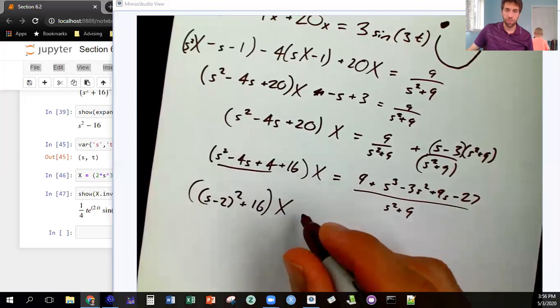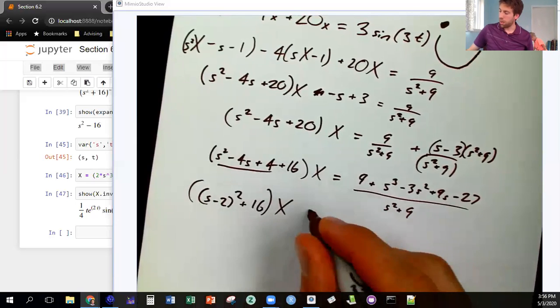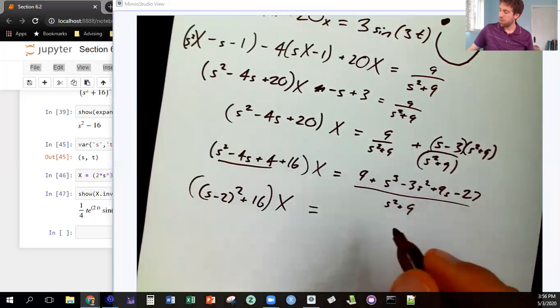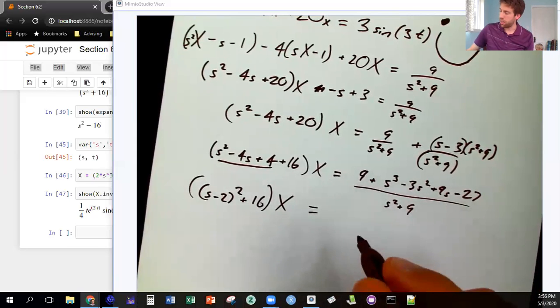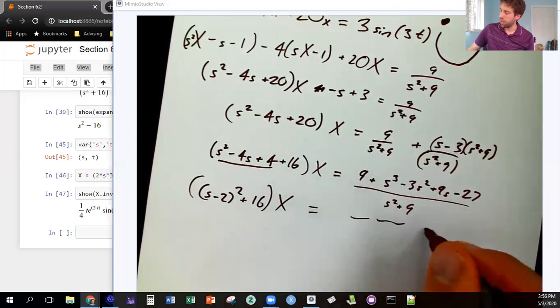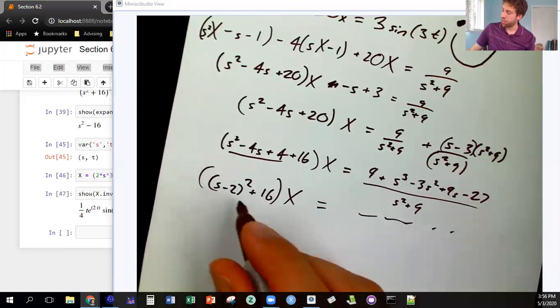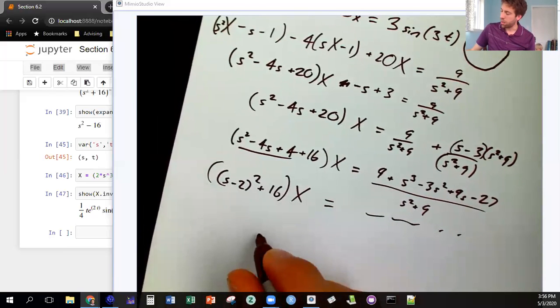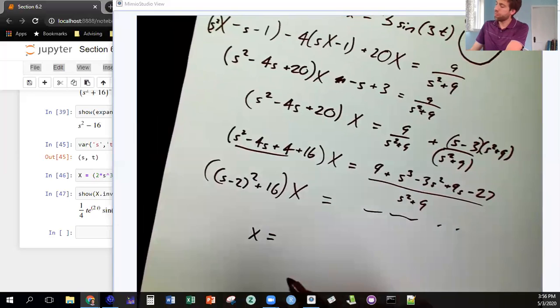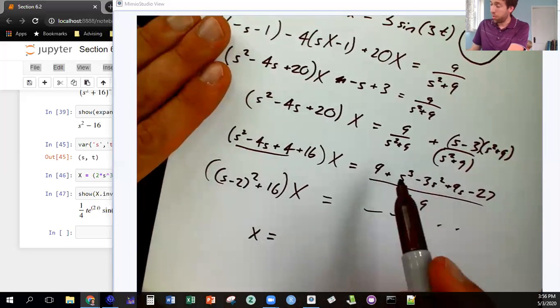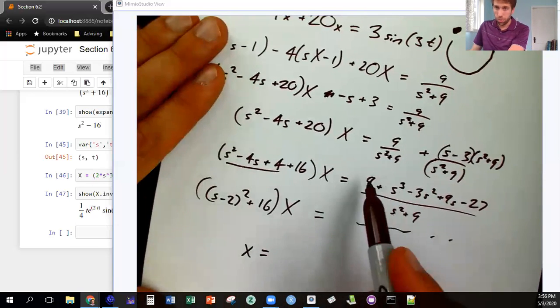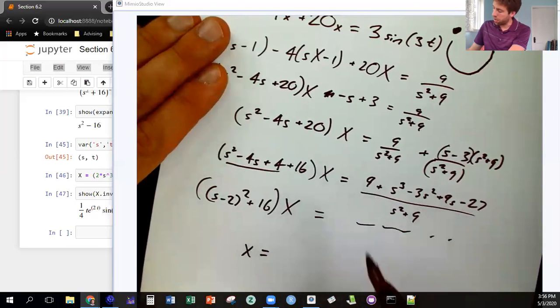All right. Equals, here, I guess I can simplify, or I'll just leave it off. All right, so then divide by this term. So then X equals, so I'm going to do two things at once. I'm going to simplify the negative 27 into plus 9.